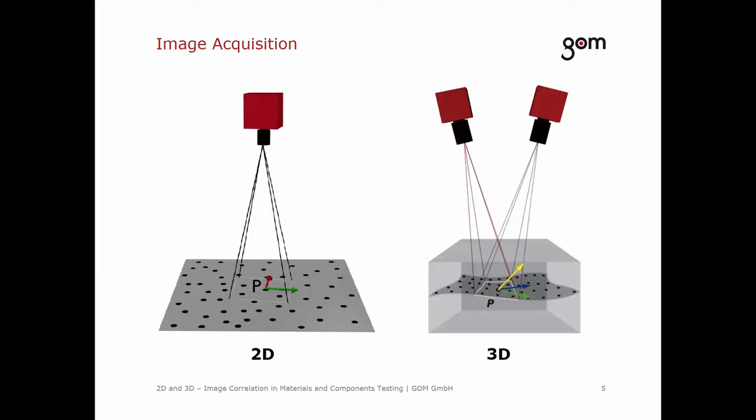In a 3D setup, 3D coordinates are measured and evaluated using a stereo camera setup, so the specimen is allowed to move in 3D space and the coordinates will be calculated in X, Y, and Z. Distance changes are no problem, and the contour of the specimen also does not need to be really flat.